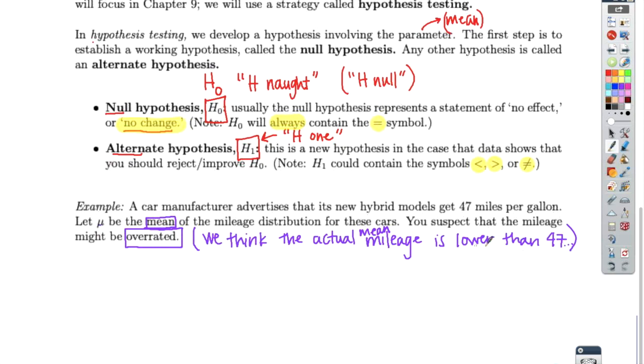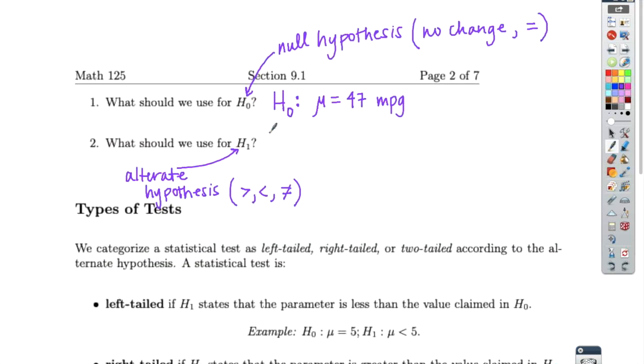When I'm reading this, lower than, I can read a less than symbol there. So my alternate hypothesis, H sub 1, is that the actual mean is less than 47 miles per gallon. This is if we don't do anything, but we suspect this might be a little bit lower.